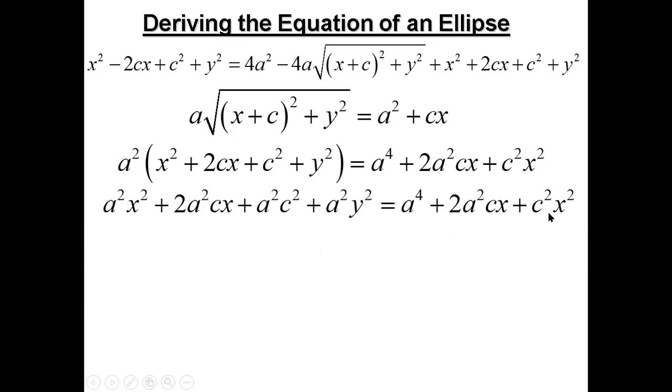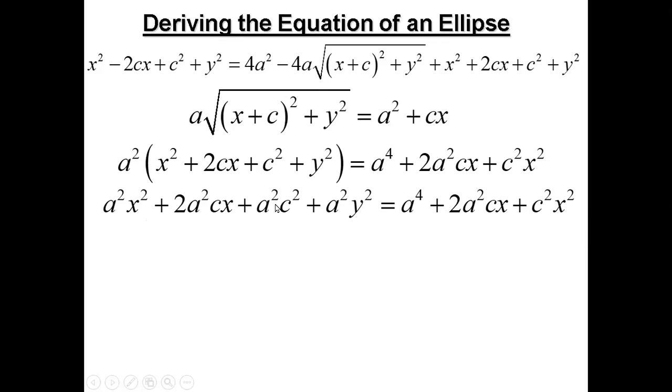The next step is we are going to regroup them. So you regroup a squared x squared with this expression. So since it's in the right, we need to subtract it on the left. So that's a squared x squared minus c squared x squared.